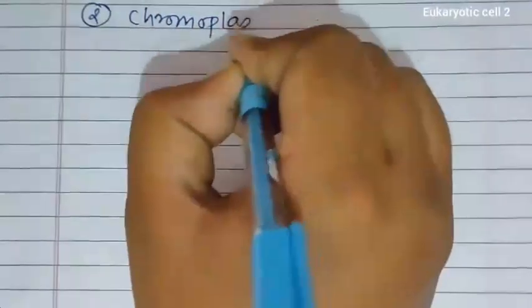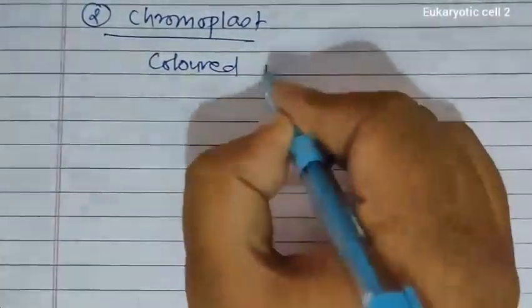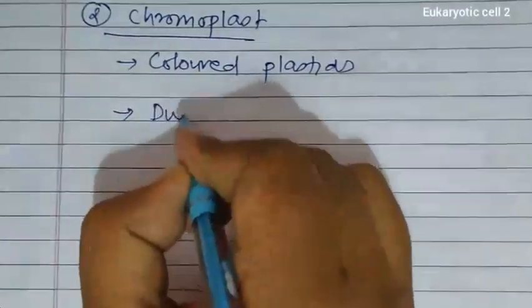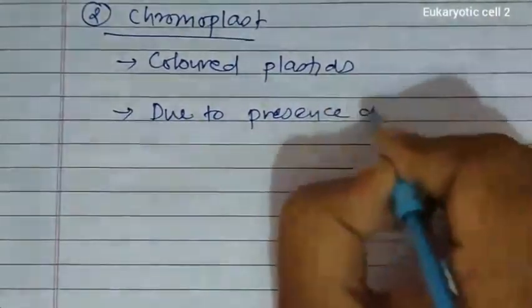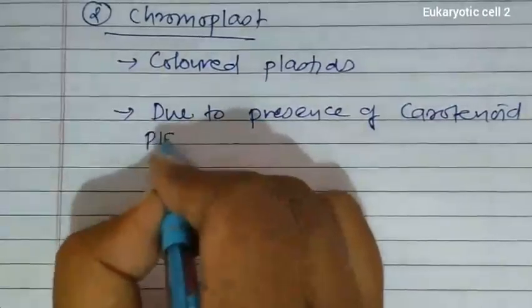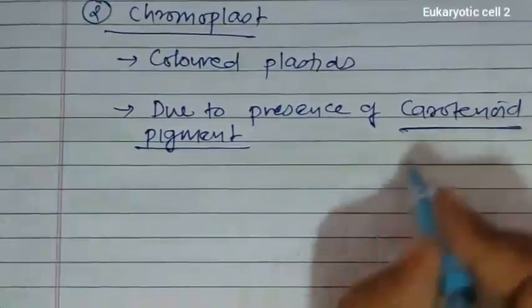So second plastid is chromoplast. Chromoplasts are colored plastids, and they are colored due to the presence of carotenoid pigment. Now this carotenoid is of two types.